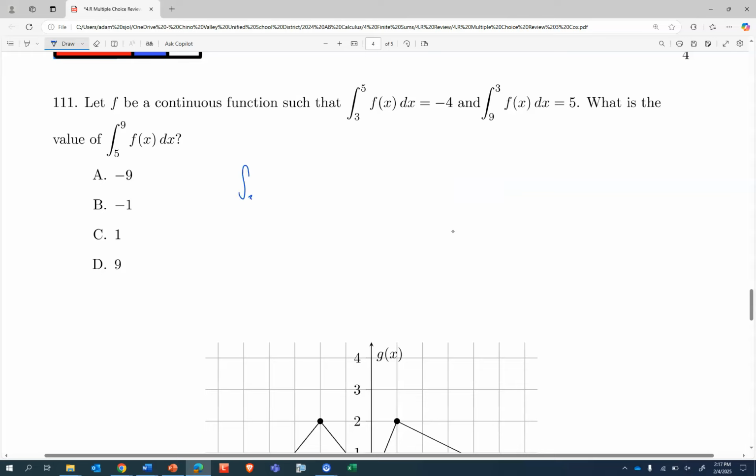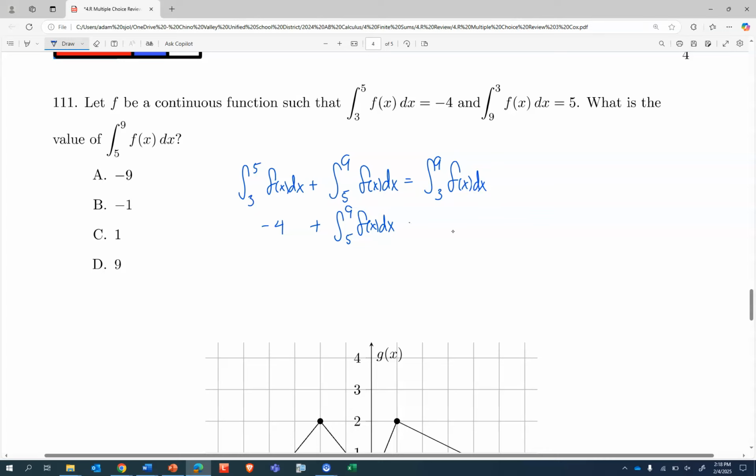Okay, so the definite integral from 3 to 5 of f of x dx plus the definite integral from 5 to 9 of f of x dx is equal to the definite integral from 3 to 9 of f of x dx. And I want 5 to 9, so this is going to be a negative 4 plus the integral from 5 to 9 of f of x dx.